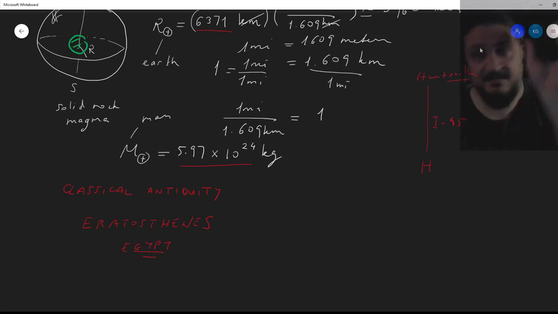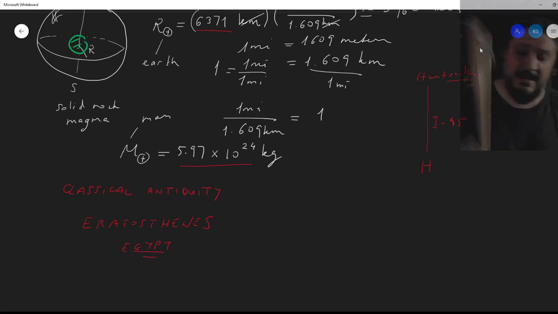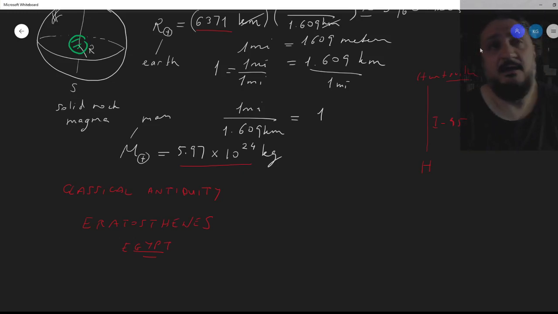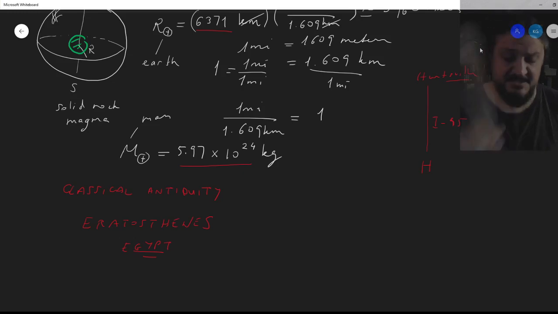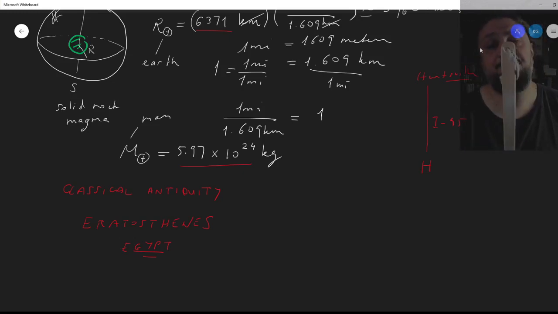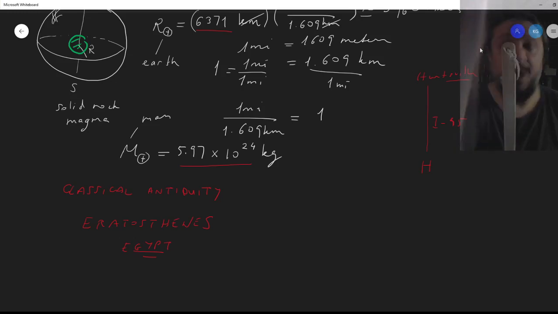All you need is a cell phone, and a calculator will help you. And a piece of stick, okay? Take a meter stick. So take a stick and call your friend to do the same. Just stick it on the ground at noontime, let's say, when the sun is at the top.